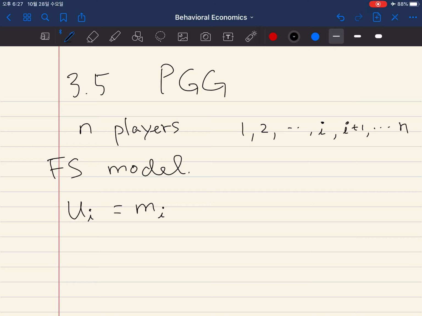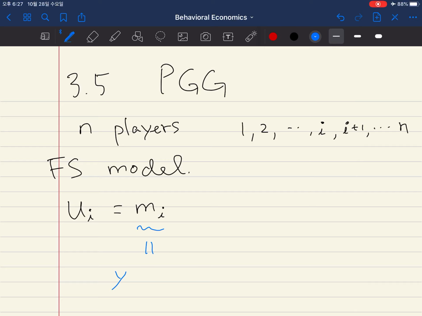So Mi stands for monetary payoff. So this is a user payoff in public game. So here Mi is user payoff in public game. So Mi is income, so individuals' income in public game.